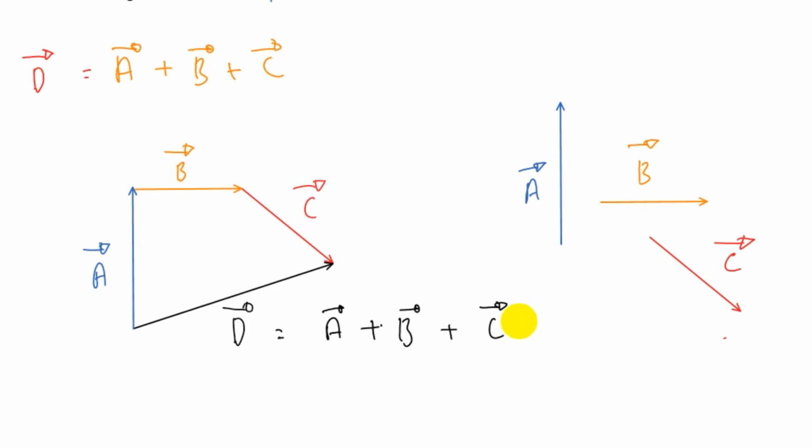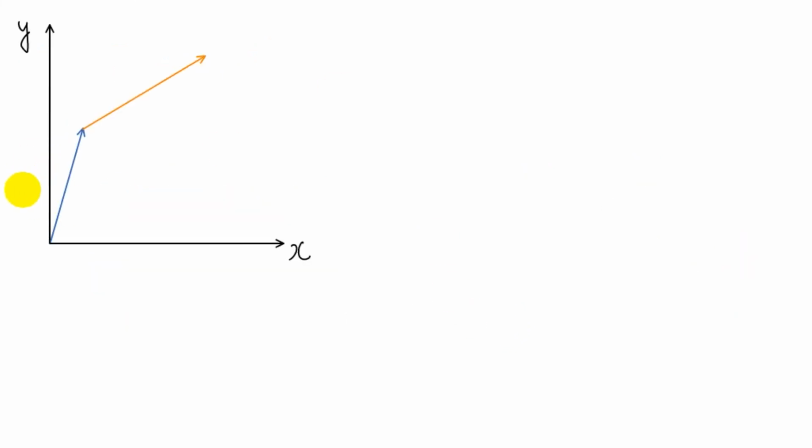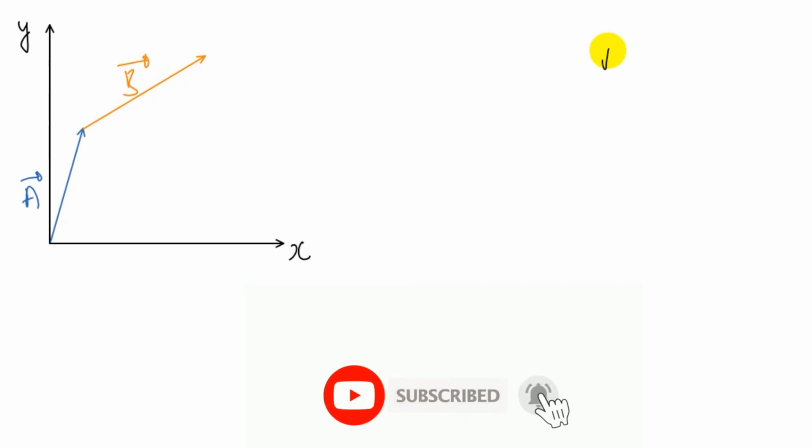Now let's discuss one more concept and then we'll end this video. I've taken these two vectors. This is vector A and this one is vector B. We need to add vector A plus vector B. This is our task.